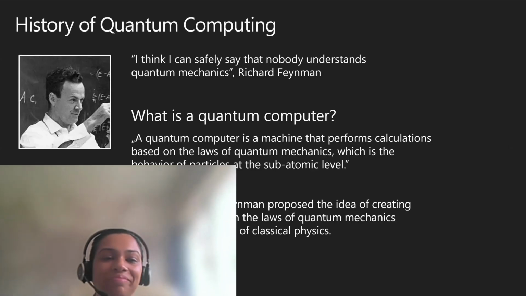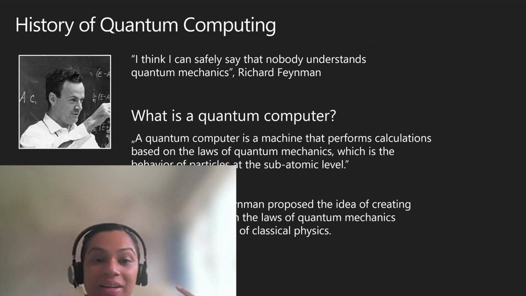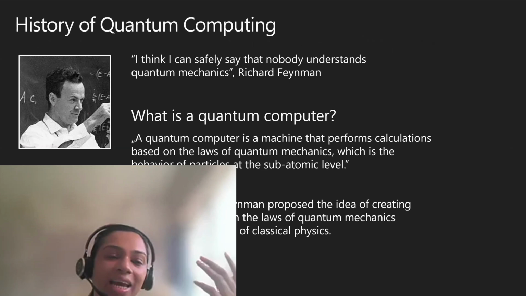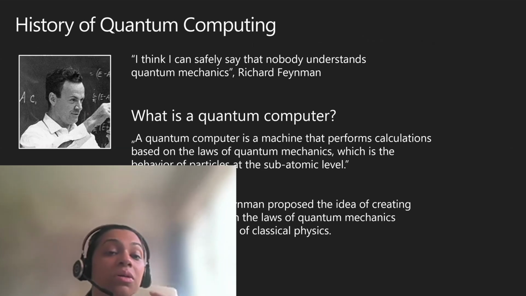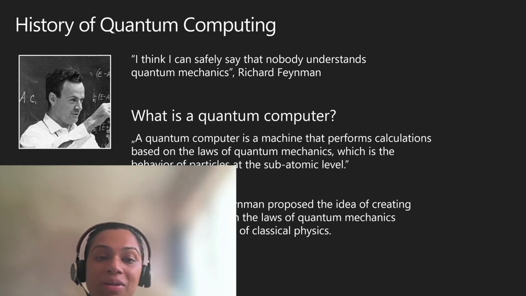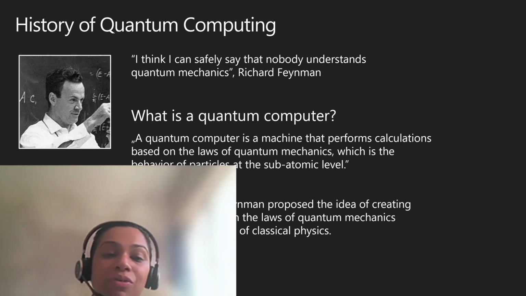But what about quantum computing? When did that happen, right? So, if you think about history, 1981, 82 is really when quantum computing as a field began, when Richard Feynman talked about harnessing these properties of quantum mechanics to create a computer that can do better or faster information processing, right?